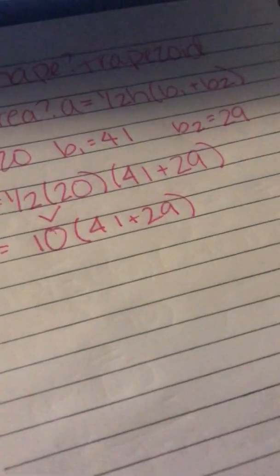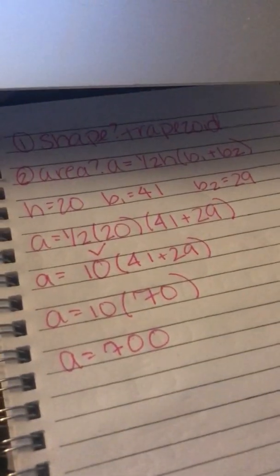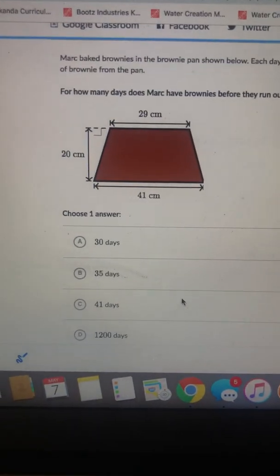Okay, and then we're doing 10 times 41 plus 29. 41 plus 29 will give us 70. Okay, and then 70 times 10 will give us 700. So that is the area of this trapezoid, 700 centimeters.